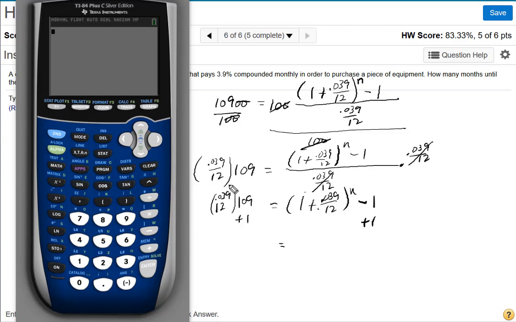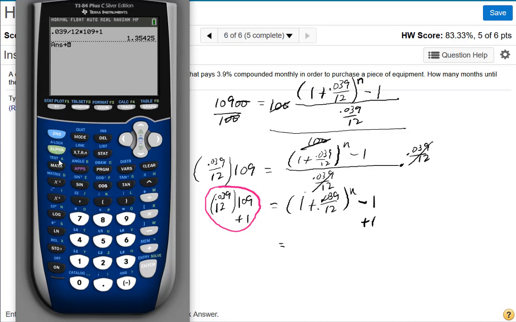We're going to be entering this into our calculator, storing that in some letter.